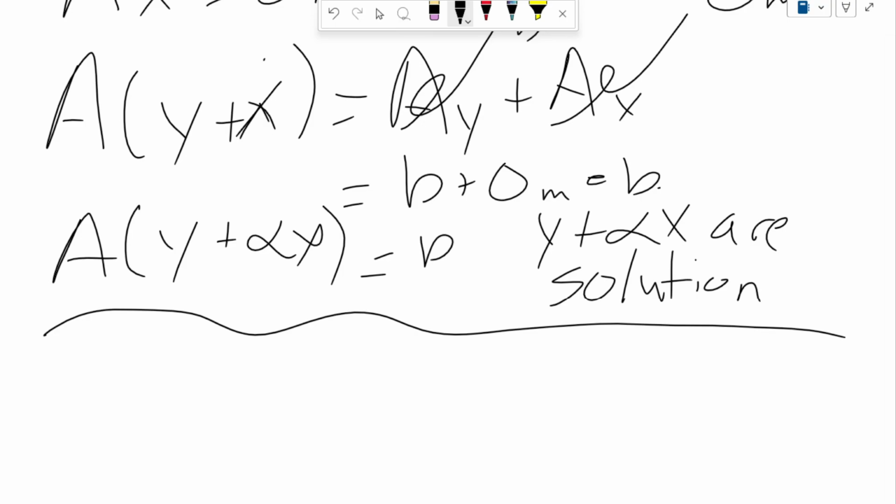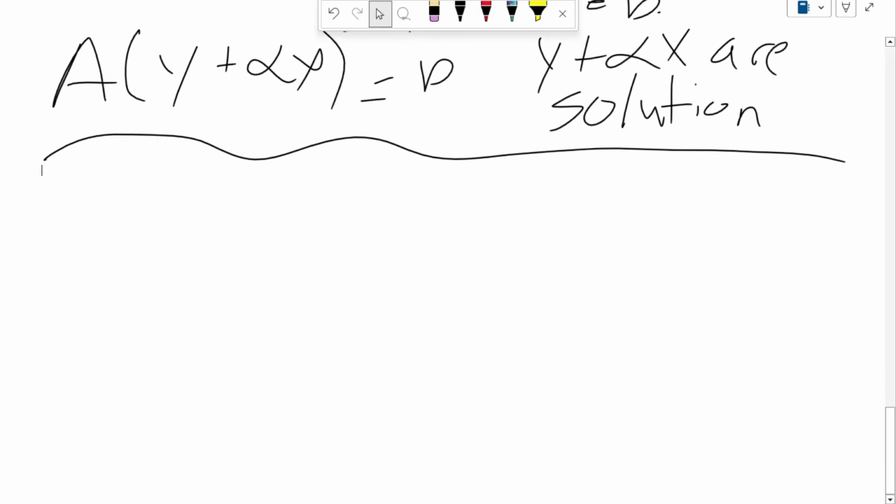Now I've said that basically we can use the null space to figure out that Ax equals b has infinitely many solutions. But it turns out you can also use the null space to find all the solutions of Ax equals b, right? And to use this, we'll have to introduce some clever notation.